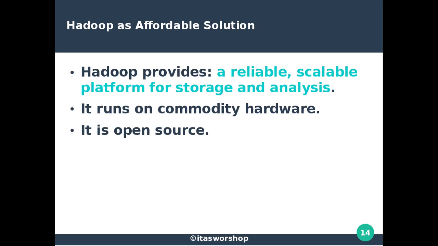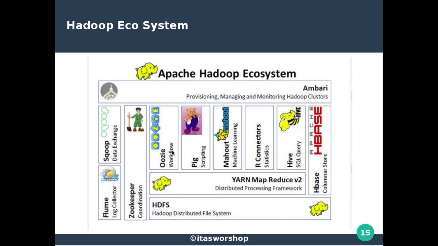So it's providing an affordable solution for your big data. Using Hadoop, we can analyze our data and store our large amount of data. Storing large amounts of data and reading that data for analytical purposes, that's what Hadoop does.